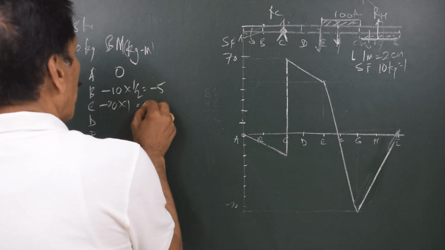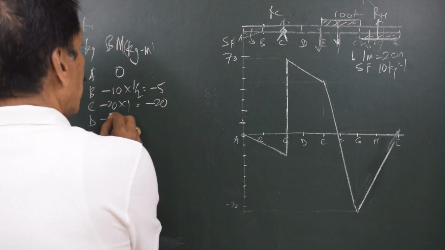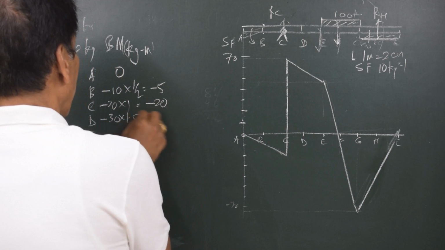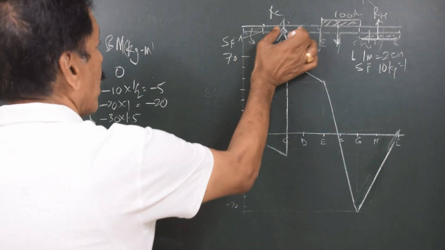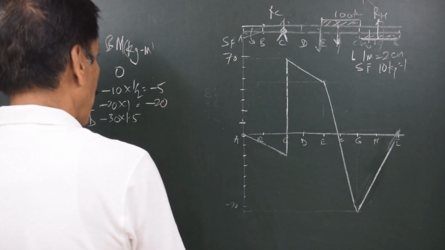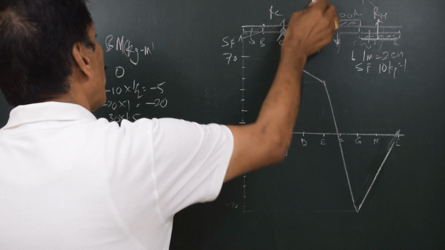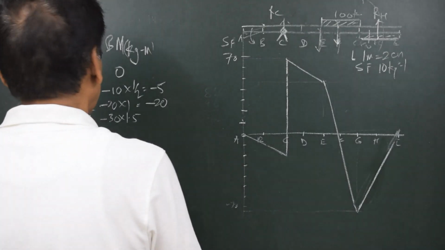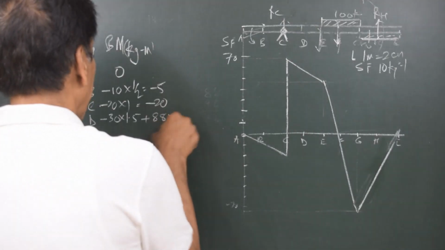We have done this before, minus 20. At D, it is minus 30 into 1.5, that is 3 meters of beam, that is 30, and the center of gravity 1.5 meters from D. But another clockwise moment is given by RC, that is 88. So we'll also have plus 88 into 1.